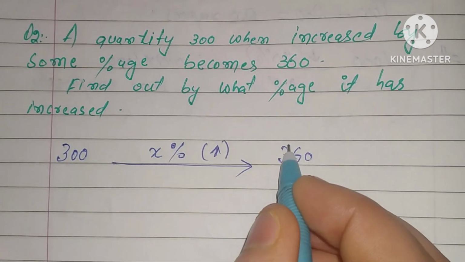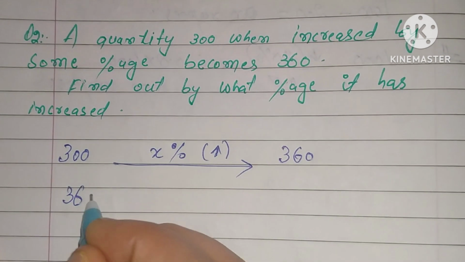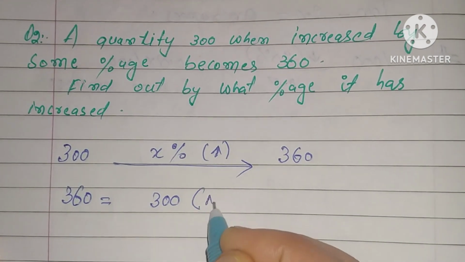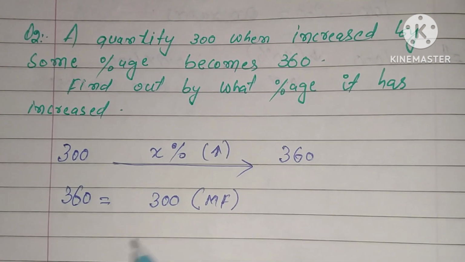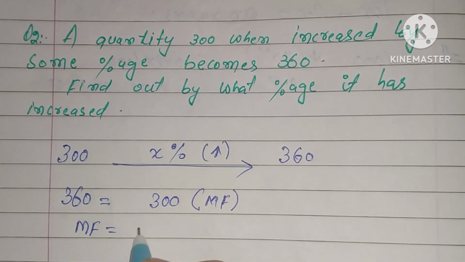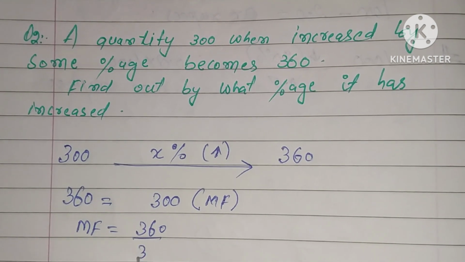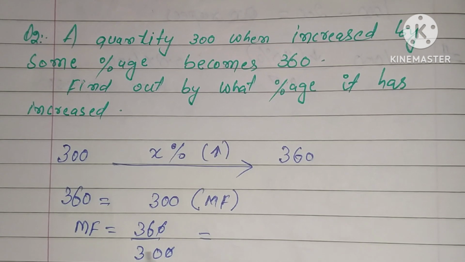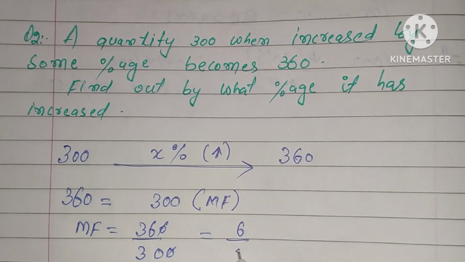Look, the new quantity 360 will be the original quantity into the multiplication factor. So the multiplication factor will be 360 divided by 300. 6 6s are 36, 6 5s are 30.